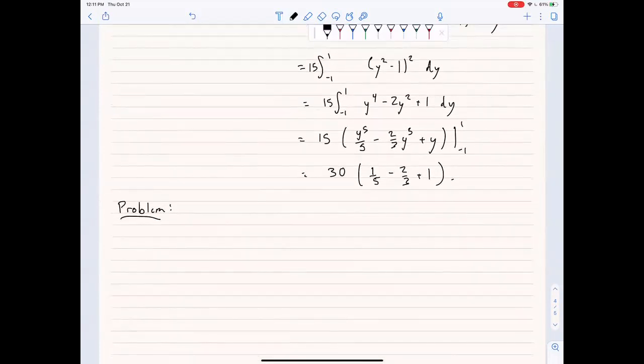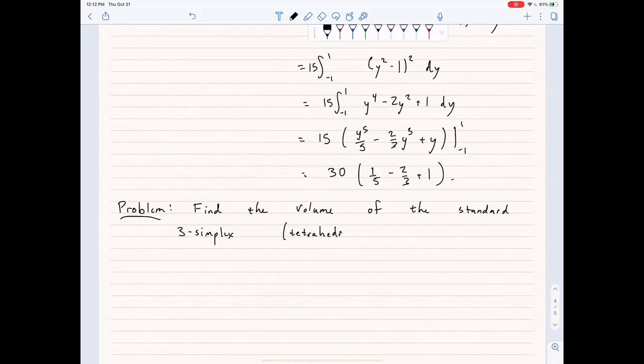So find the volume of the standard, I'm going to call it the 3 simplex, because a student told me that calling it what I normally call it is not technically correct according to, well, I don't know, according to the hacks that write Wikipedia.